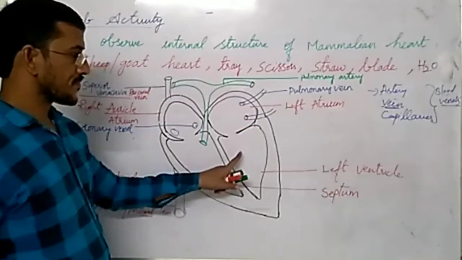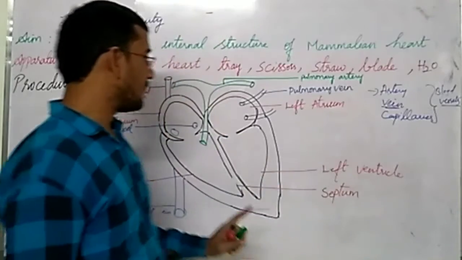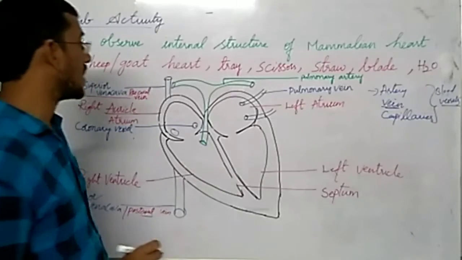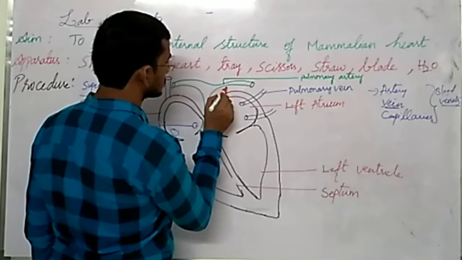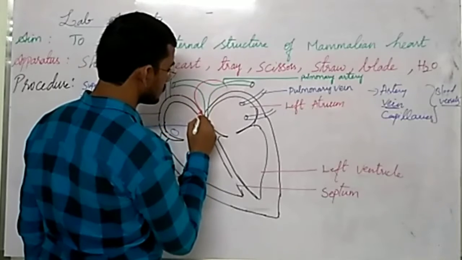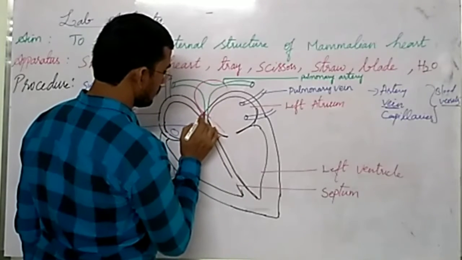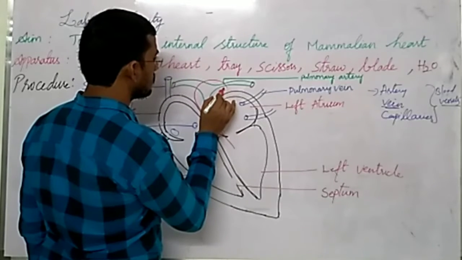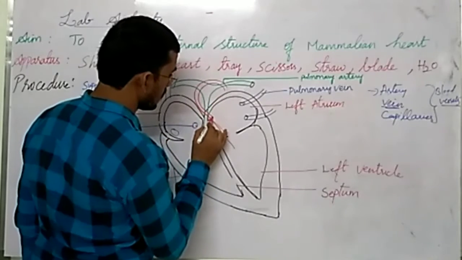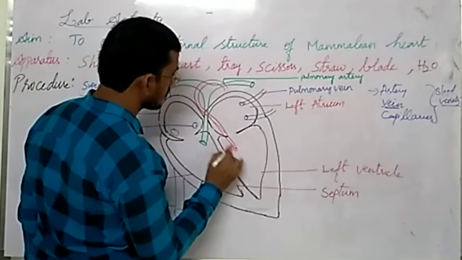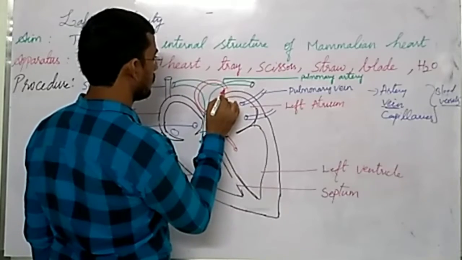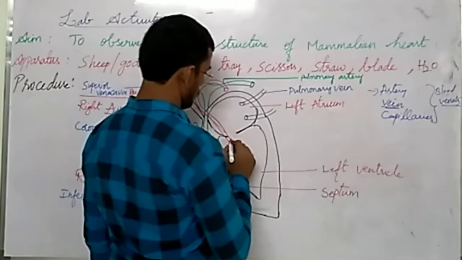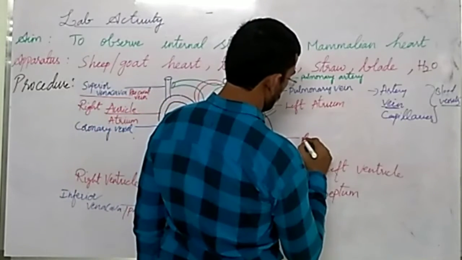Then from left ventricle, systemic aorta is going to arise. So this is aorta.